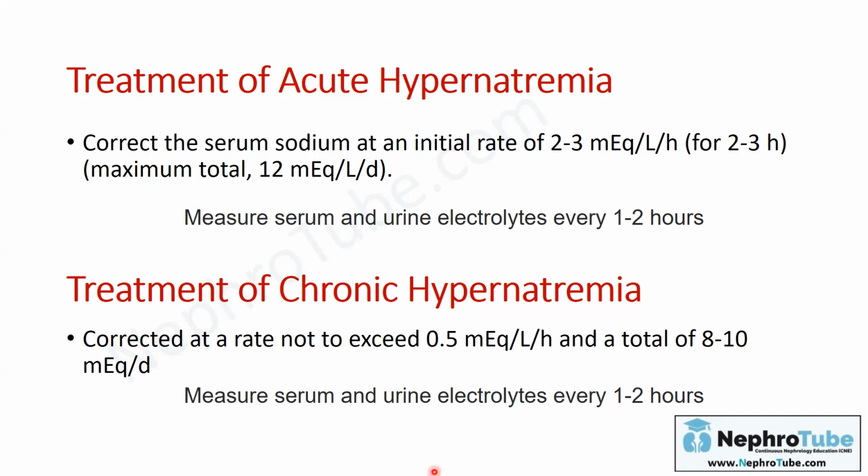But there is a recent study in 2019 about the rate of correction in chronic hypernatremia. They tried to correct the chronic hypernatremia at a more rapid infusion rate. As we said here, we shouldn't exceed 0.5 milliequivalent to have a total correction of 8 to 10 milliequivalent per liter.